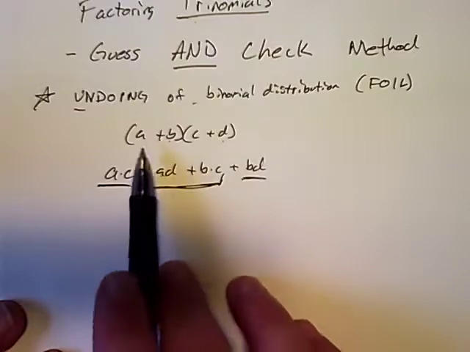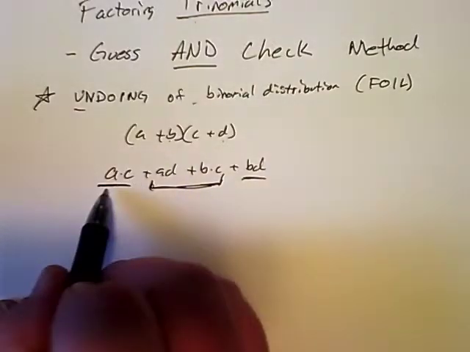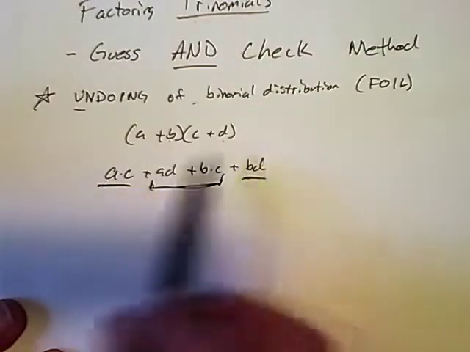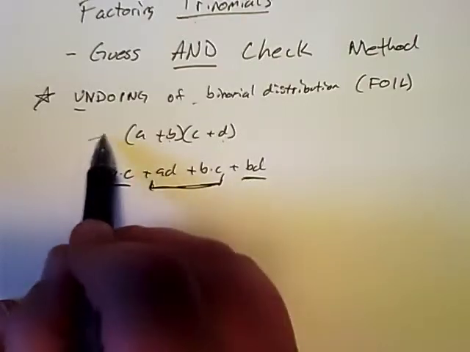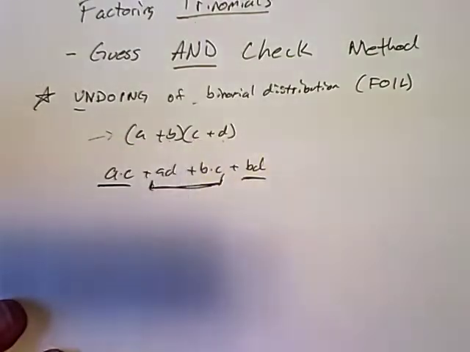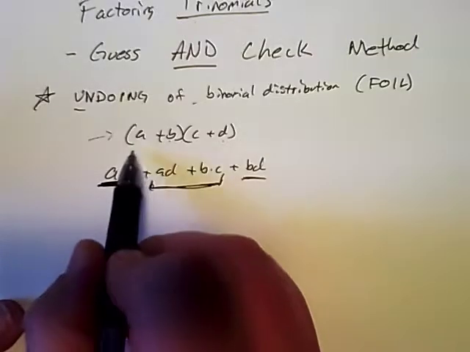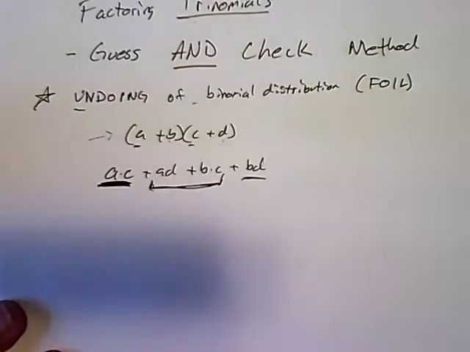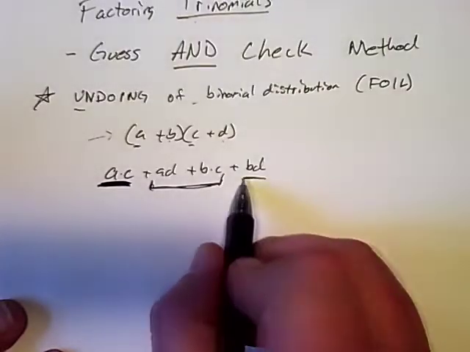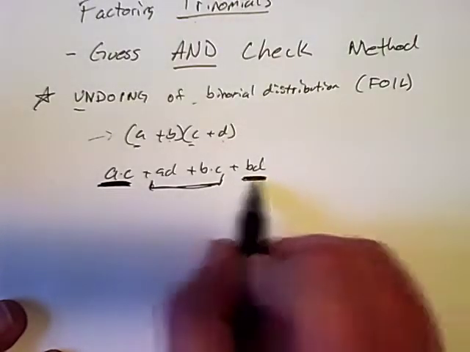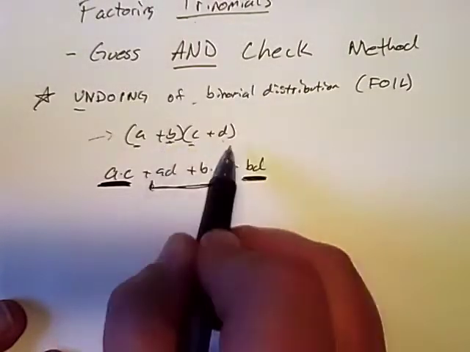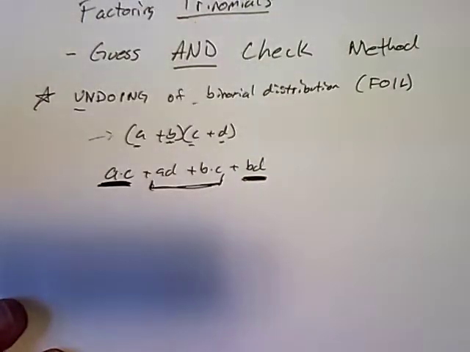So what I'm trying to get after is that if we start with a trinomial and we're trying to get to 2 binomials, just know that the first term of the trinomial is the product of these 2 spots, and the last term of the trinomial is the product of these 2 spots. Okay? So we need to break the first and the last term down, and that's how we're going to get started.